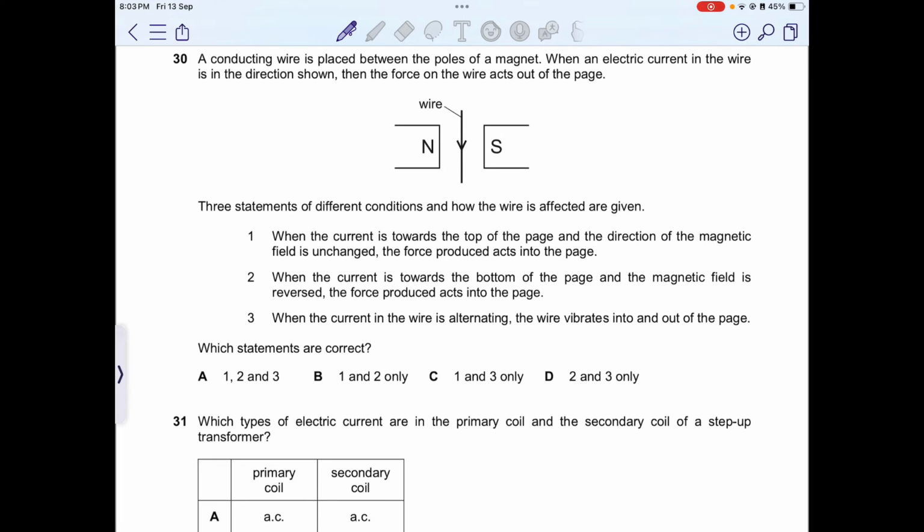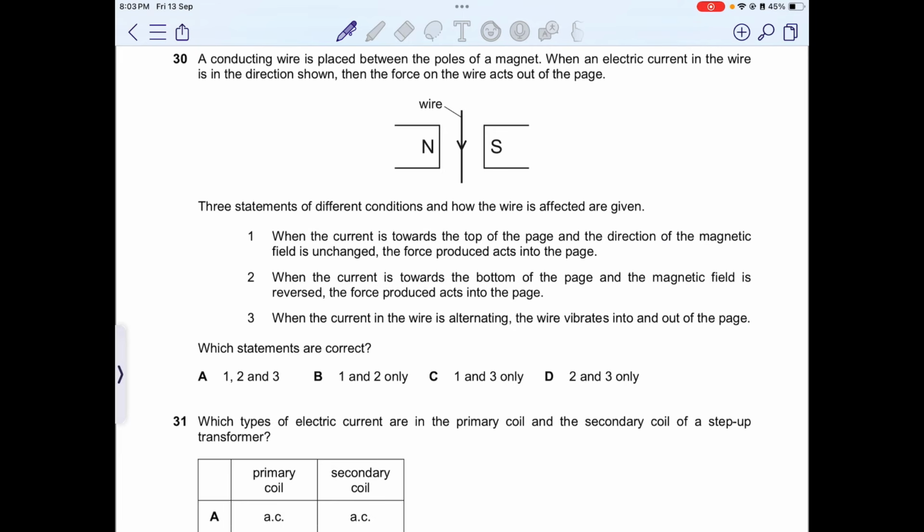Now it says that when the direction of the current is towards the top of the page. Towards the top of the page means that you would need to point your middle finger in the other direction, because currently it's moving out of the page, basically towards the bottom of the page. Currently, the hand direction is pointing the current towards the bottom of the page.